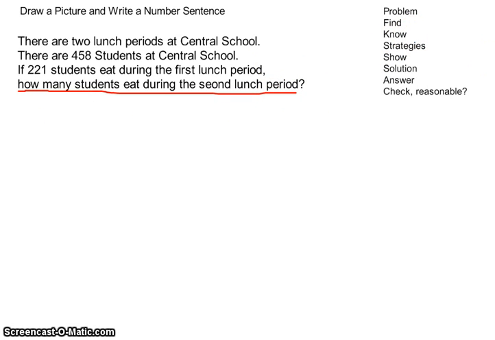Well, I would say we know that there are 458 students at Central School and 221 eat during the first lunch period. So if I were to draw a picture of that, I would say, okay, here's the whole school. This line represents all the students at the school, and there's 458. And now I say, well, part of this 458 eats during that first lunch period.